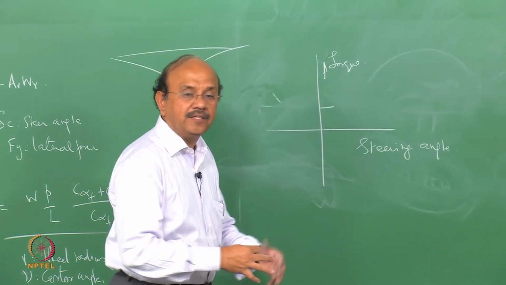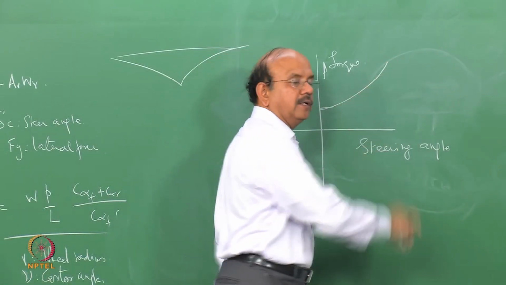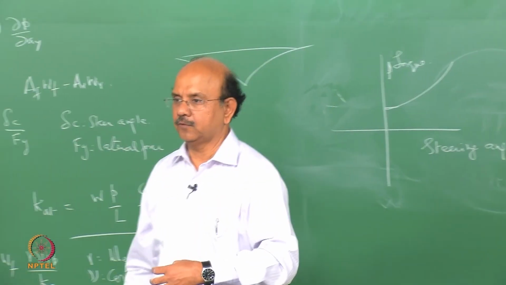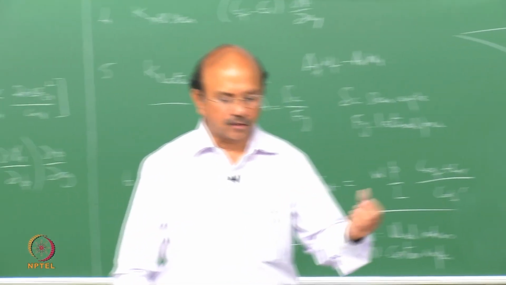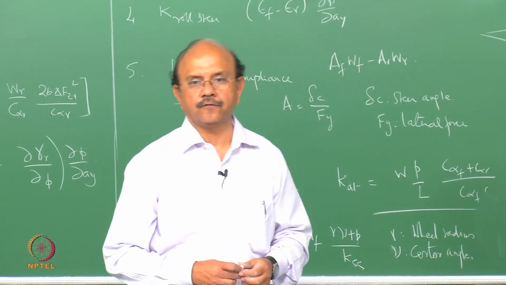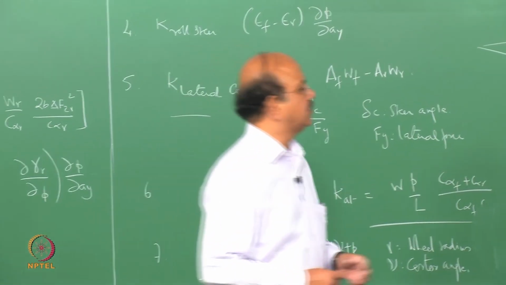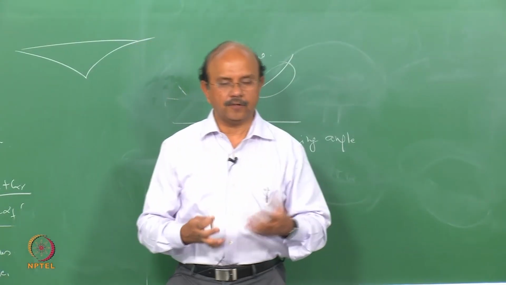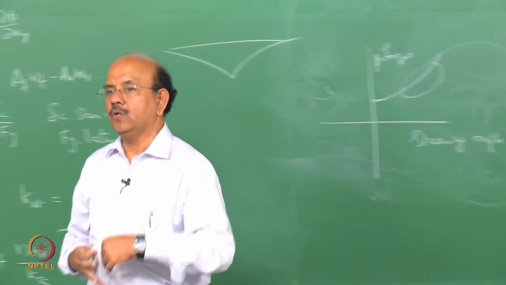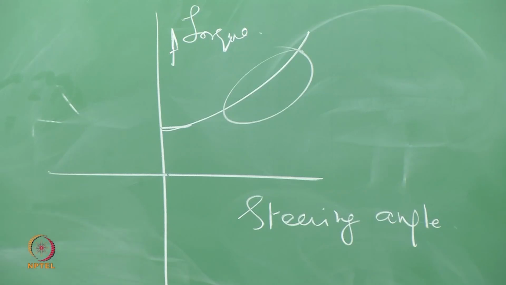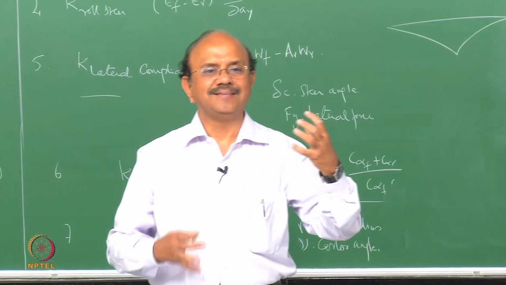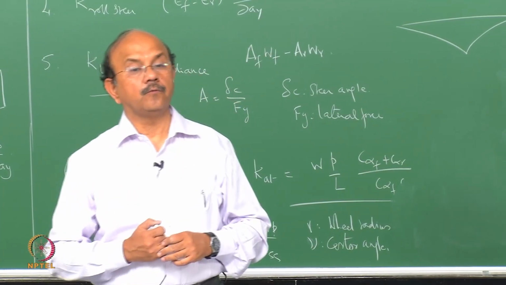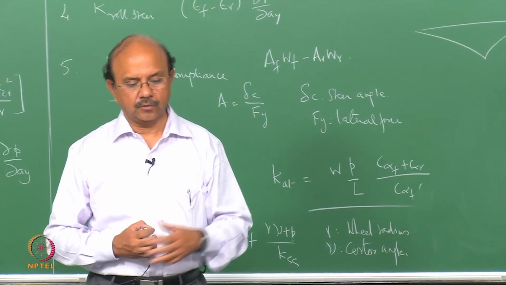After this, there is a compliance of the steering system. So the steering angle versus steering torque takes that kind of turn, and in this region we have what is called the steering effort. So I have to overcome friction, after which I look at how much effort I have to give in order to drive.